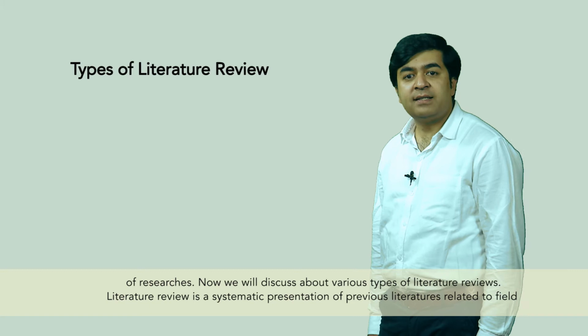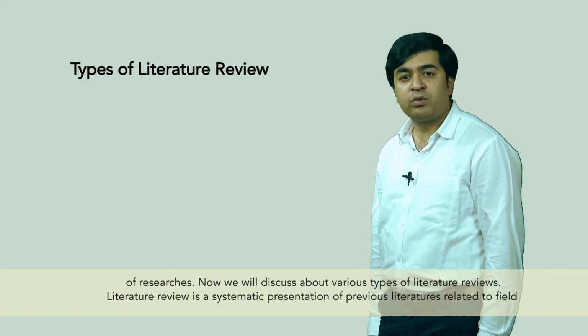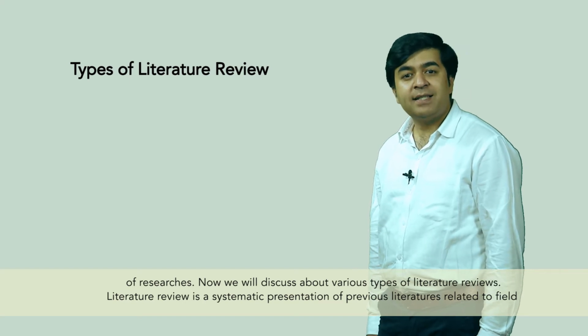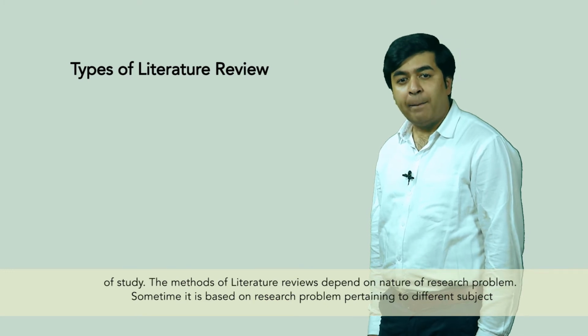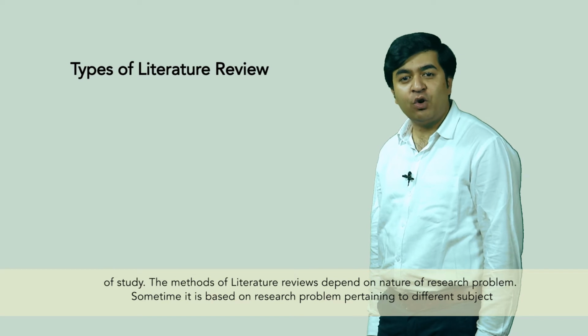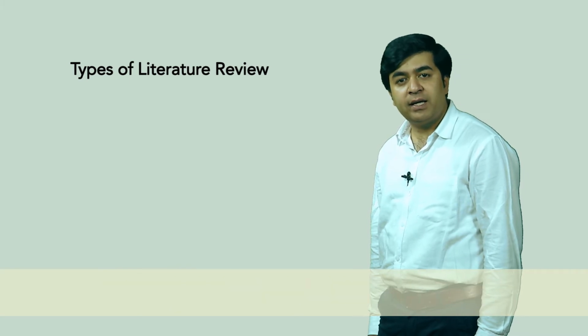Now we will discuss various types of literature reviews. Literature review is a systematic presentation of previous literature related to a field of study. The method of literature review depends on the nature of the research problem. Sometimes it is based on research problems pertaining to different subject areas.